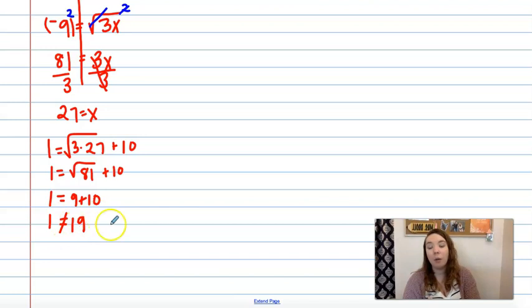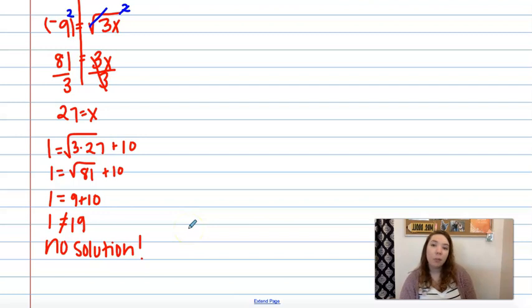These are not equal. So that means that this was extraneous and there's actually no solution. Sometimes you might have multiple answers and only one is extraneous, meaning you would have one solution instead of two. But if you only have one solution and you plug it back in and it doesn't work, then there's no possible solutions. So that's an example of one of those.